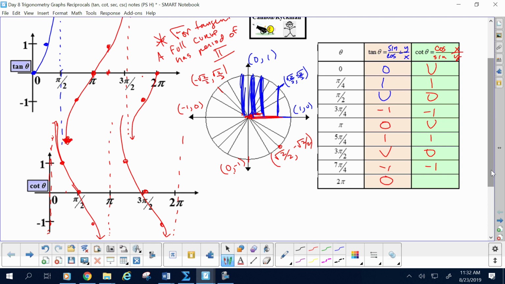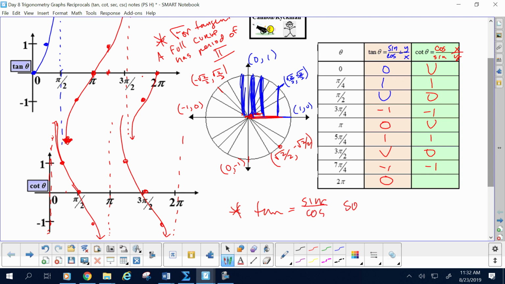So are they the same shape? Yes. But tell me 2 ways that tangent and cotangent are different. One is that they have different what? Asymptotes. Their asymptotes are different. Why? It goes to the denominator. Tangent is sine over cosine.